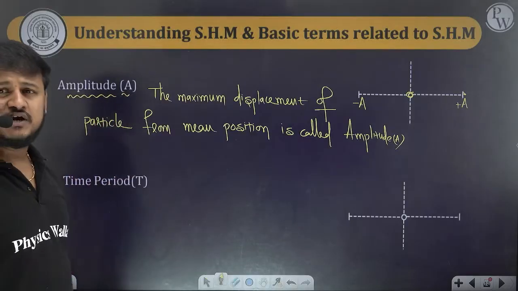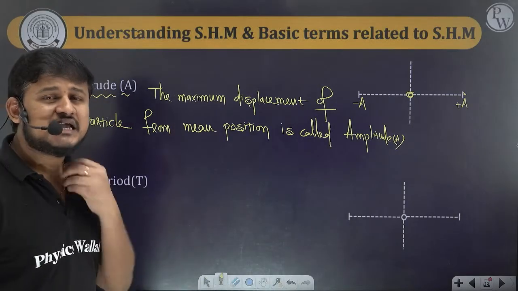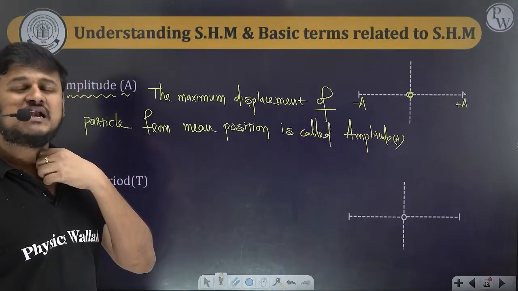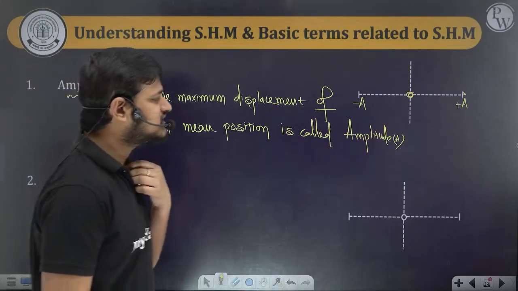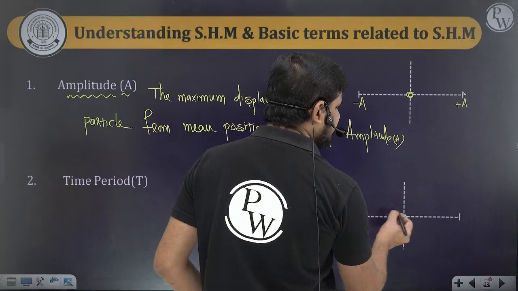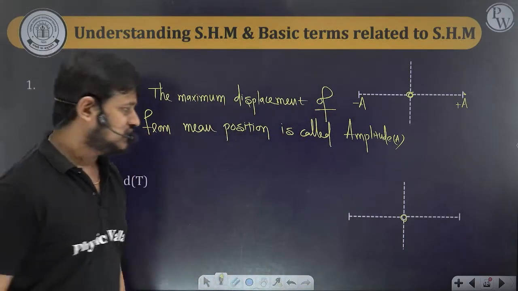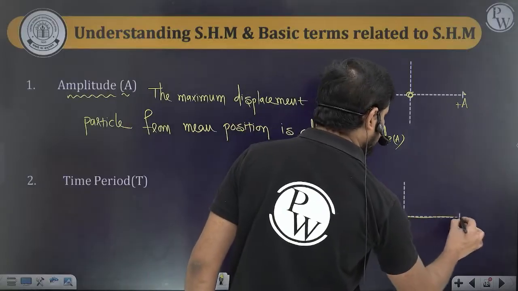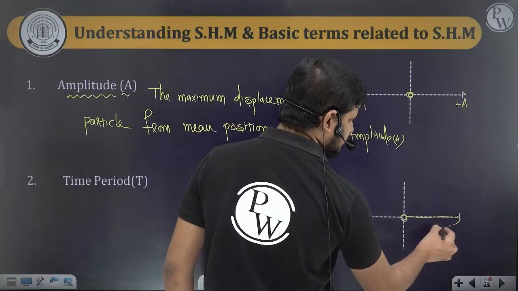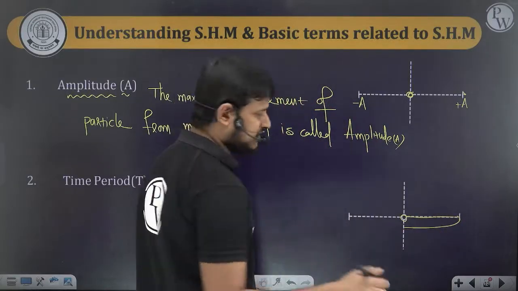Now the time period. What is the time period? The time taken to complete one oscillation. So what is one oscillation, sir? The particle started from mean position, again it has to get back to mean position. So it will move from here to right extreme, then right extreme to the mean. This is not the complete time period.